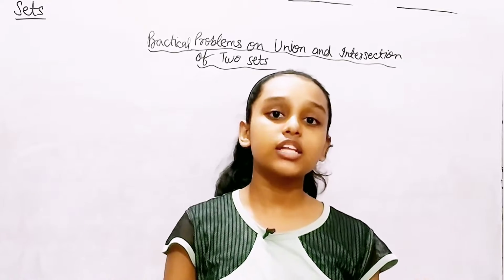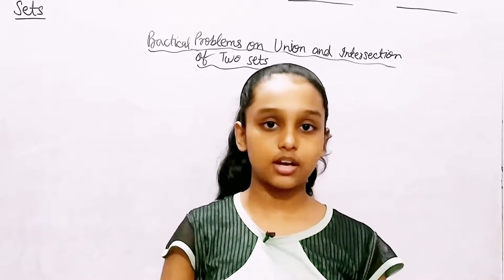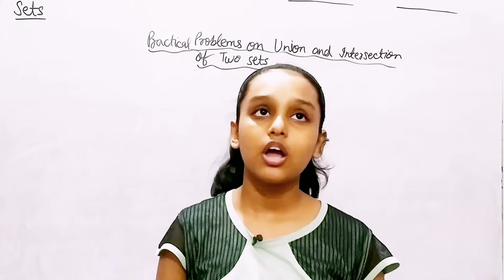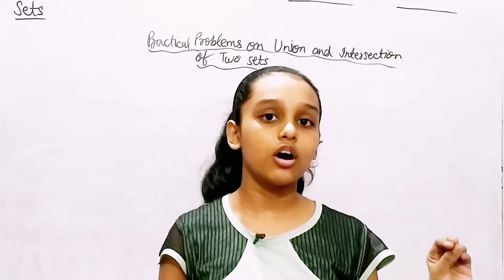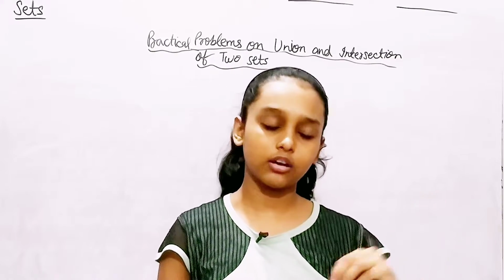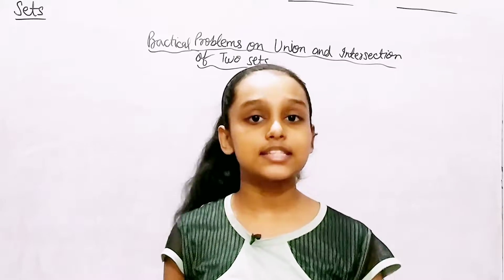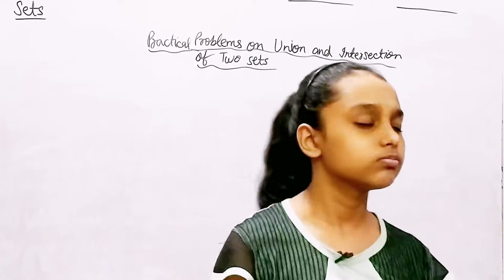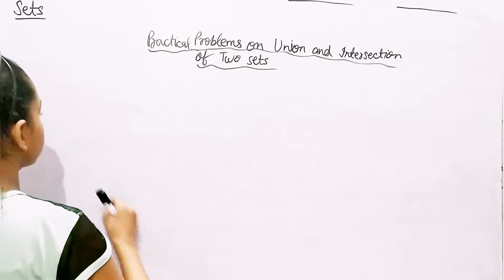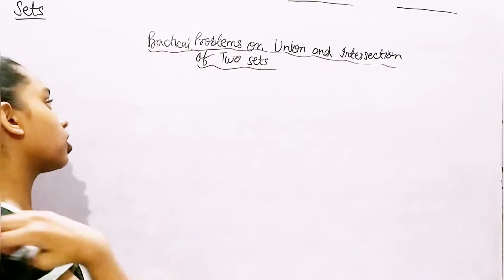That is what we're going to have a look at, so that we can find out the number of elements. So let's say we have two sets, set A and B, as usual. These are the common sets. Okay, so let's get started.